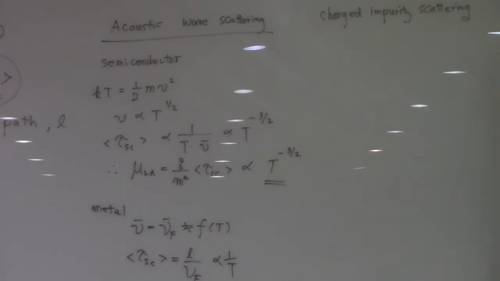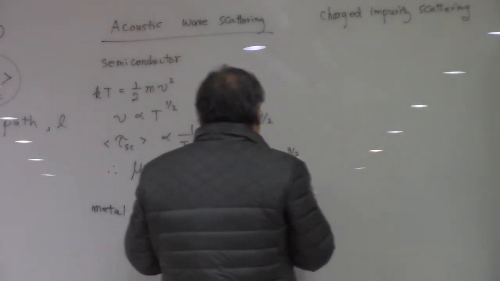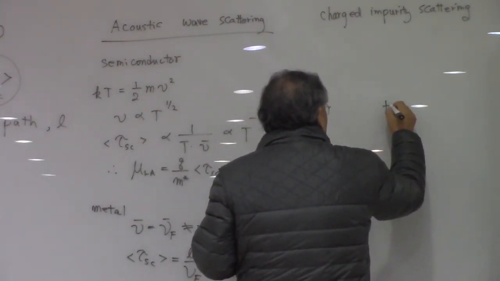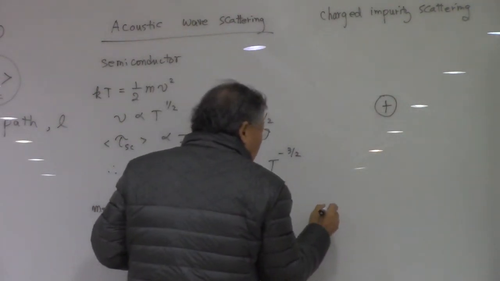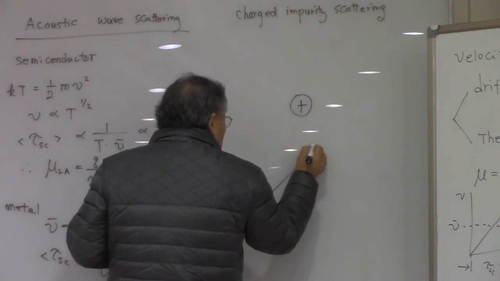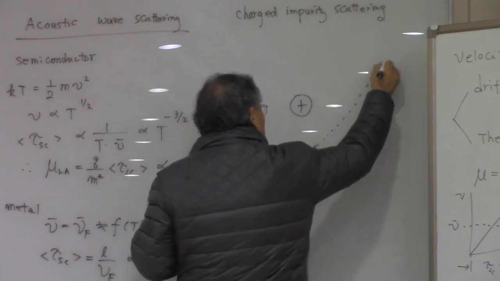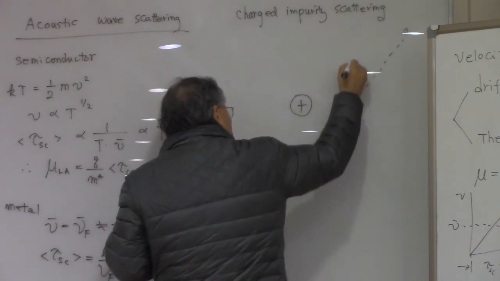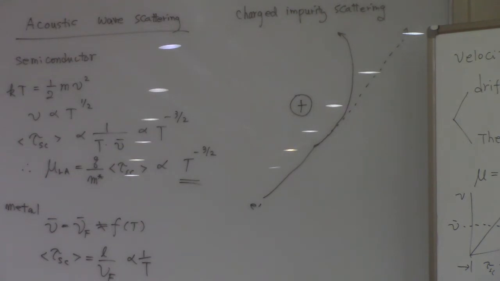But if you have scattering by the charged imperfections, now what we are going to think is that if you have charged impurities like this, and then if you have electrons passing by these charged impurities, otherwise it goes straight, something like this, it's going to change the directions, okay?